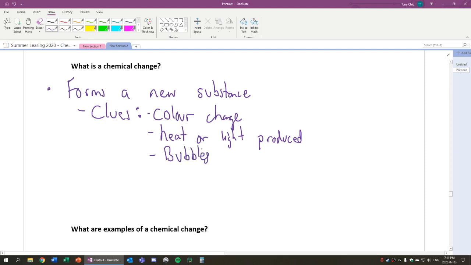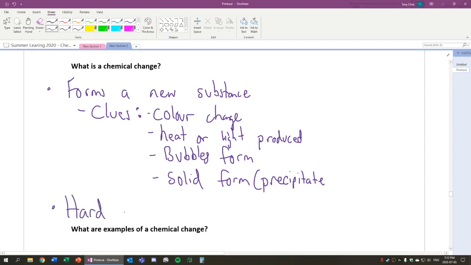But here's the thing though, it's not from boiling. A solid may form, and we call this solid a precipitate. Let me fix that because it's a bit messy. Precipitate. And because of all these, this is usually hard to reverse.